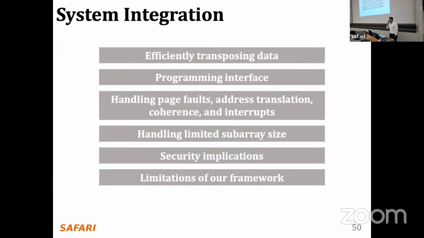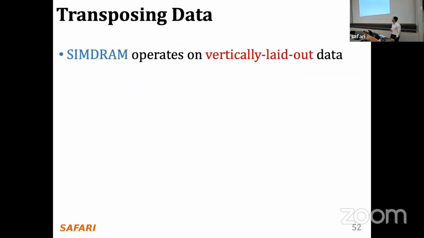So in the paper, you also discuss several system integration challenges that need to be taken into account if you want to realize this in a real system. And the most important one, I would say, is the data transposition that needs to happen. As I mentioned in the beginning, for processing using DRAM operations, instead of storing the data in a horizontal data layout, you need to store it in a vertical data layout.